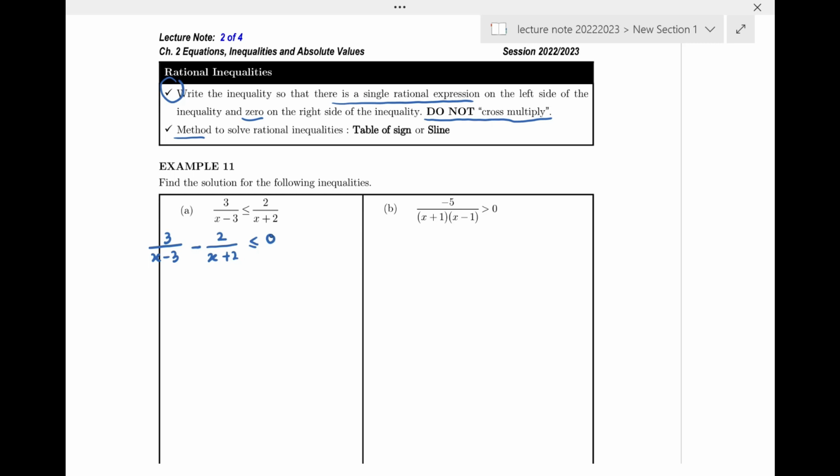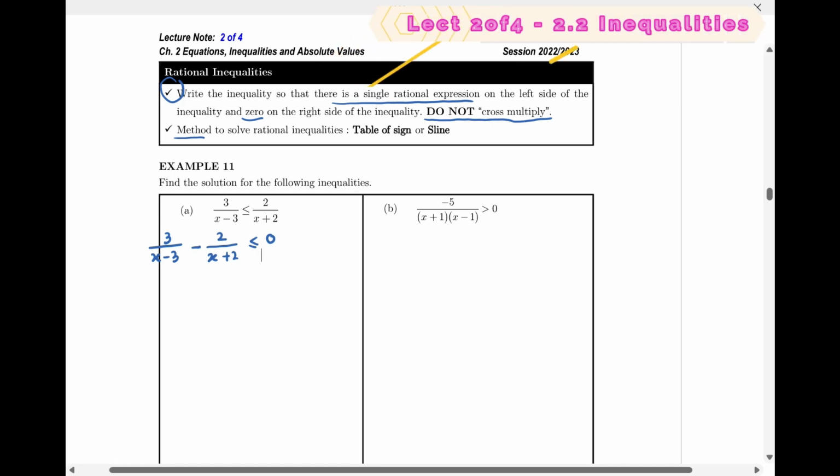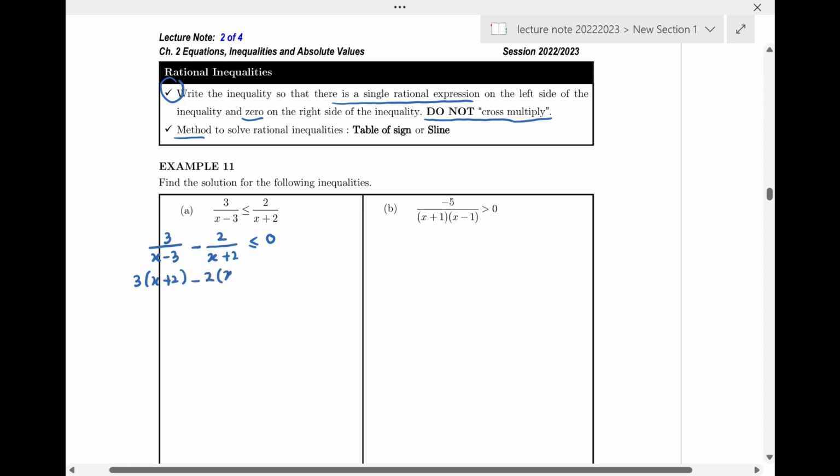So what we do next is we have to samakan penyebut, similarize the denominator. So 3 times x plus 2 minus 2 times x minus 3, and then the denominator will become x minus 3 times x plus 2. The right side will stay 0.